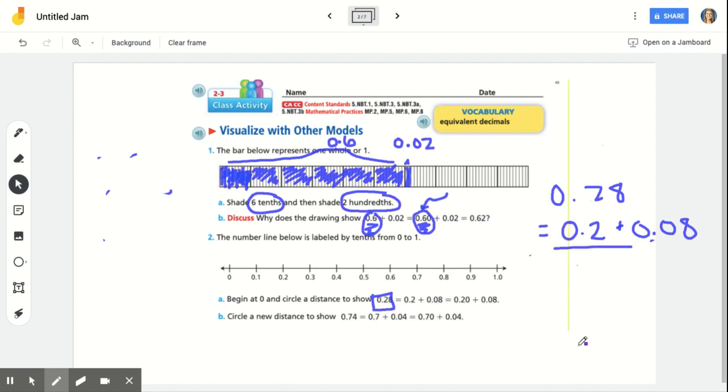Let's start first with 2/10, and we're going to be doing circles. And I like to do tenth by tenth, okay? So from 0 to 1/10, we're going to circle that. That represents 1/10. And from 1/10 to 2/10, I'm going to do another circle. And now on my number line, I have 2/10 circled so far. So that part's done.